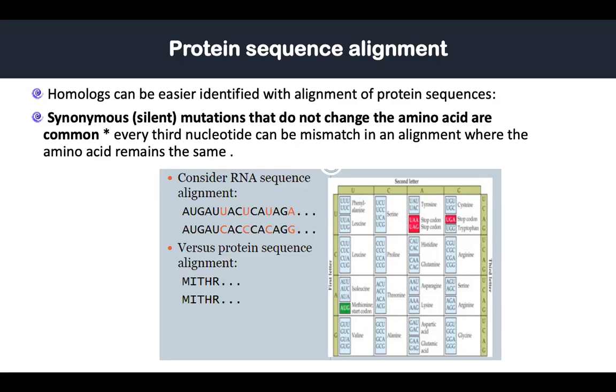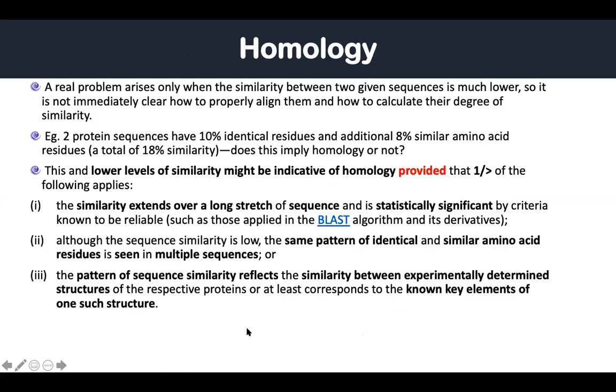A change in structure of a protein will also mean a change in function, or a modification in the function of the protein, right? So this is what is explained here.